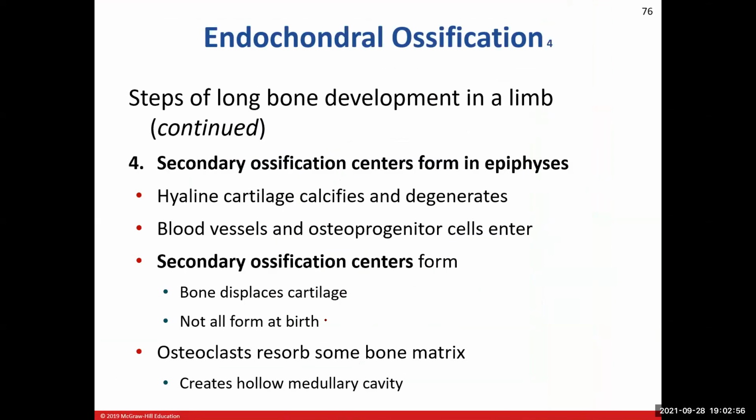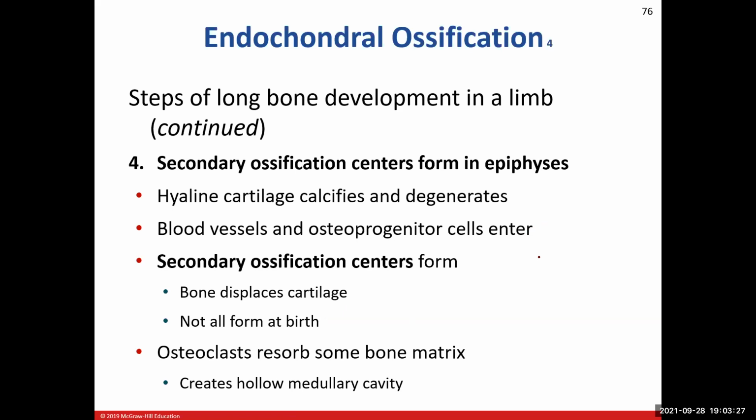Step 4. Now, keep in mind though, I'm going to move on and talk about these secondary ossification centers. But everything that we just talked about with the primary ossification center, that's still ongoing. But by now, when the primary ossification center has kicked into high gear, our secondary ossification centers are going to start to develop in the epiphyses.